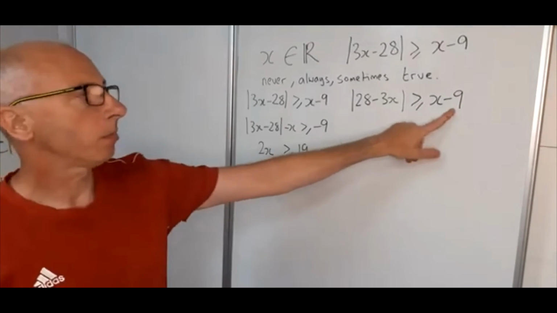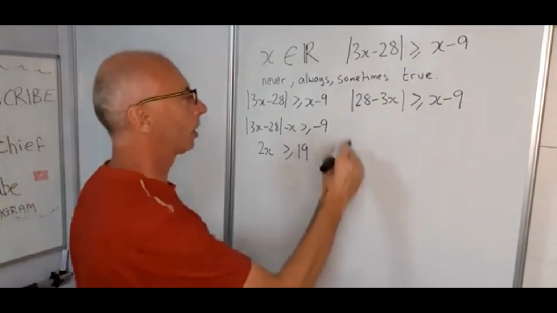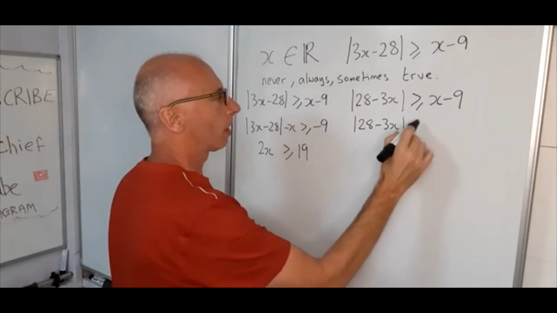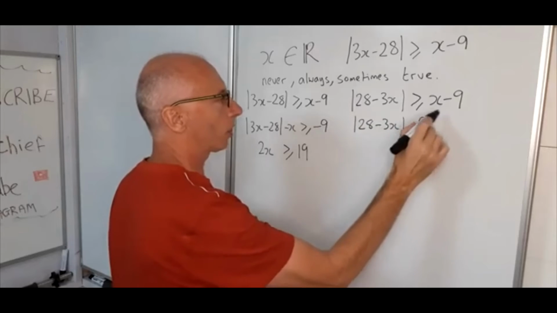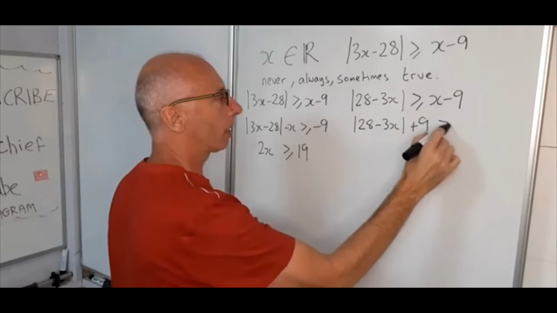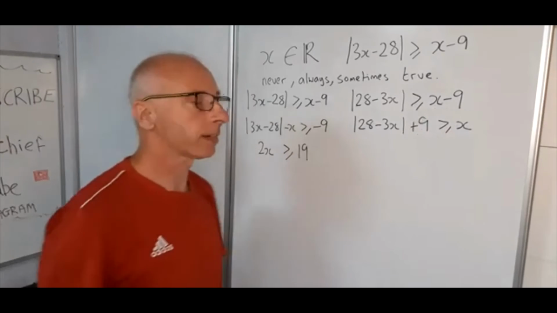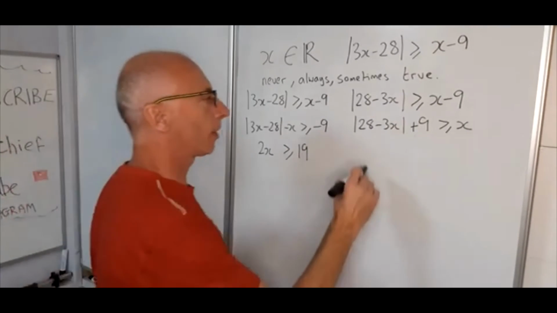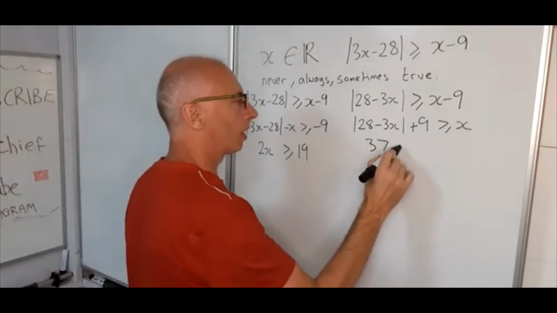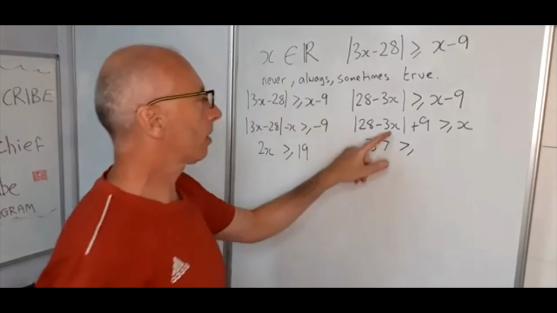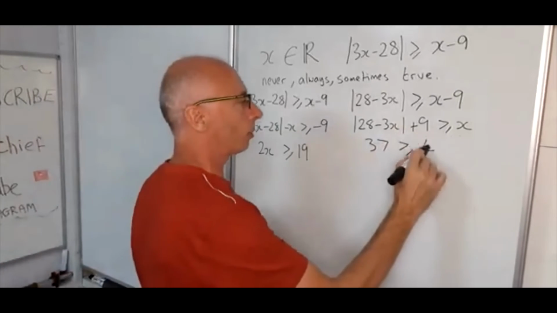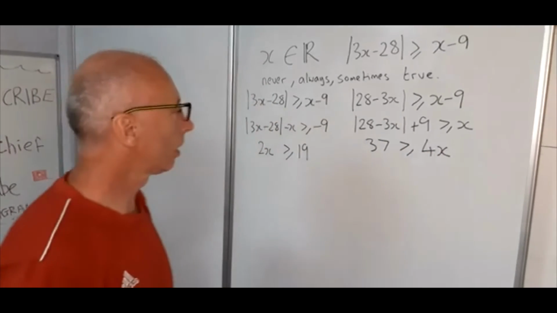Okay, so this time we're going to bring the minus 9 across. So now we've got 28 minus 3x plus 9, because if we add 9 to both sides, that's greater than or equal to x. Okay, so now 28 plus 9, 37. And then we add 3x to both sides to get rid of this one. That's greater than or equal to 4x.